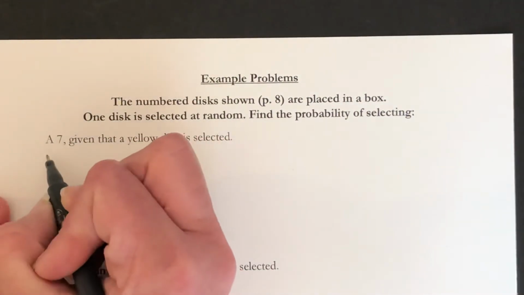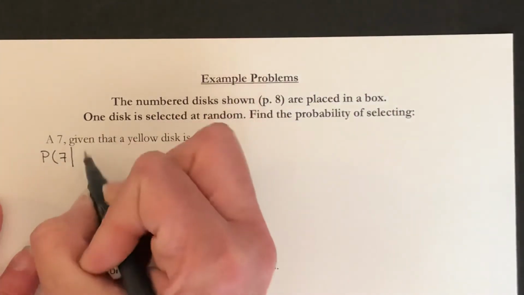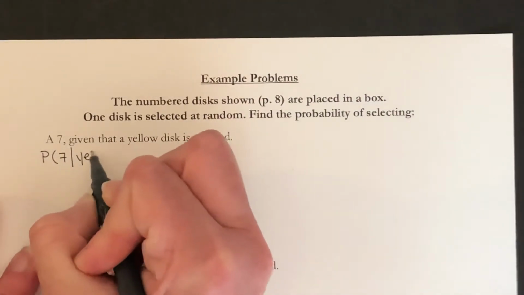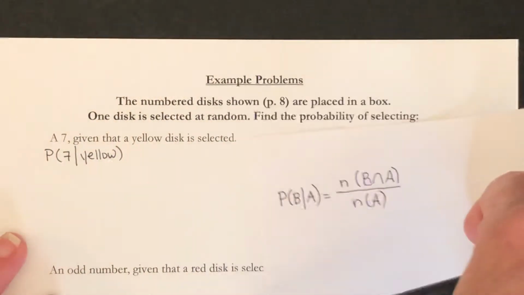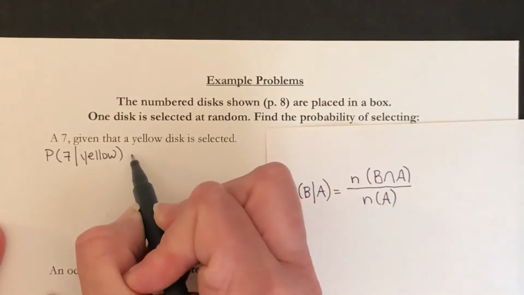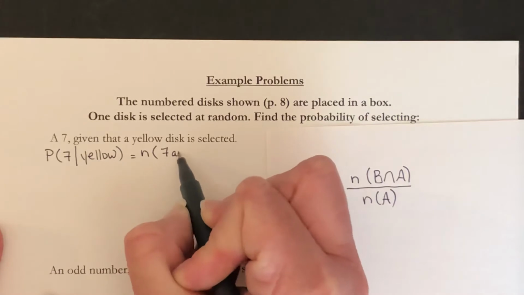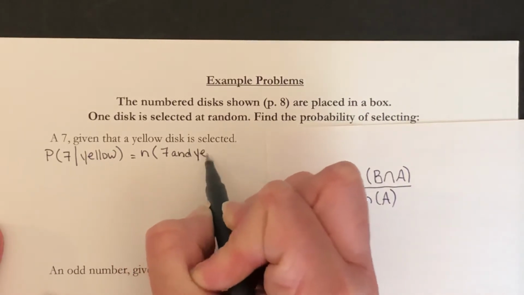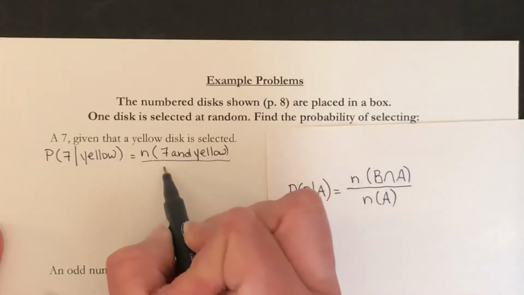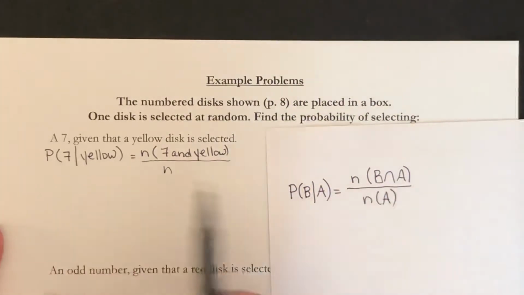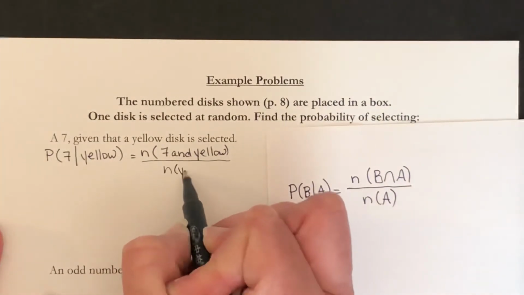So what we want to find is the number of ways that we can have 7 and yellow, over the number of ways that we can have yellow.